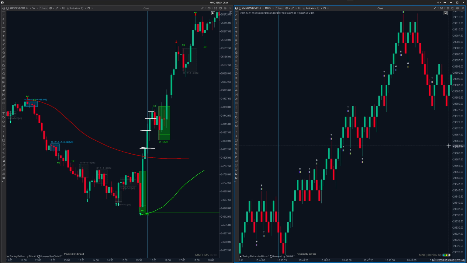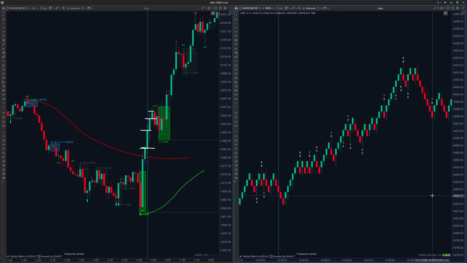And you start entering by my simple rule that you want to see at least 2 candles in the opposite direction, which means you can enter here and trade the uptrend because 1, 2, 3 candles in the opposite direction.